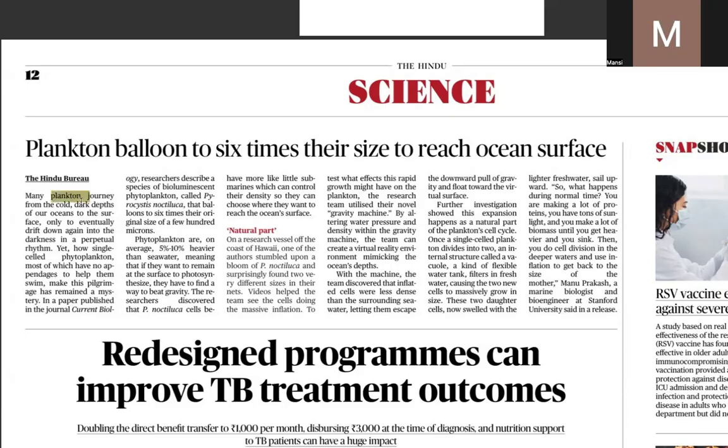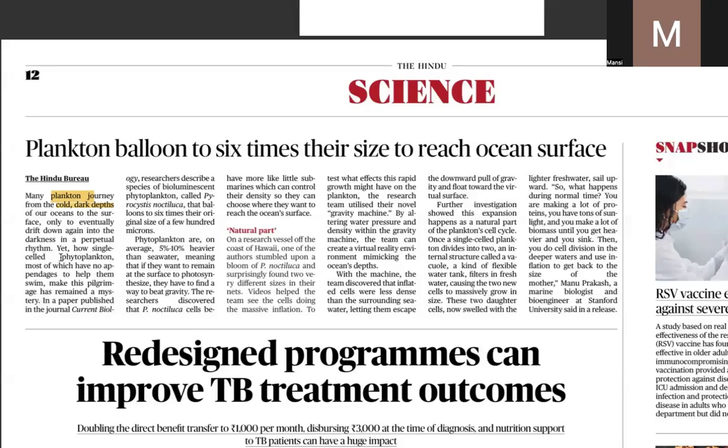Planktons are found everywhere, and here we're talking about their journey from the cold, dark depths of the oceans to the surface. With the retreat of oceans and the melting and retreating of glaciers, there are increased chances that planktons which have been hidden, not in contact with the outer atmosphere, emerge. What new types of diseases can spread with them is one challenge.